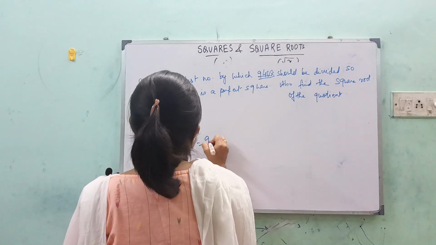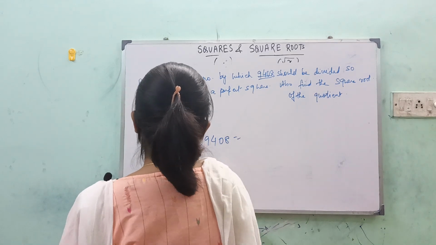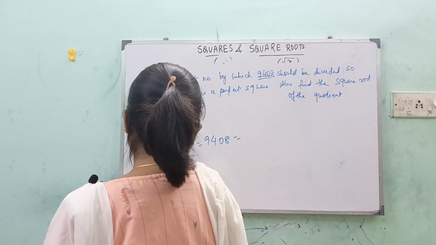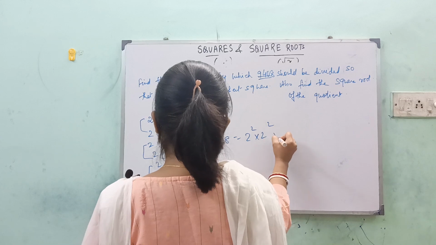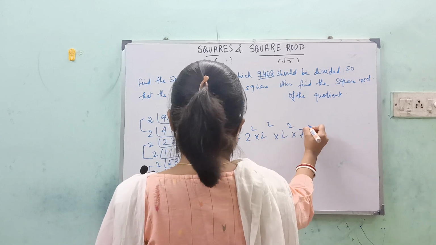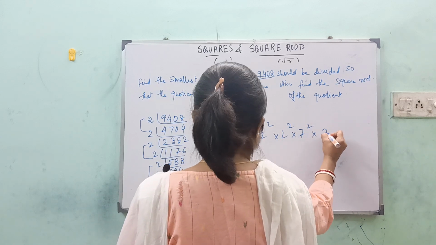So you can see 9408 could be expressed as 2 square, 2 square, 2 square, 7 square and 3.